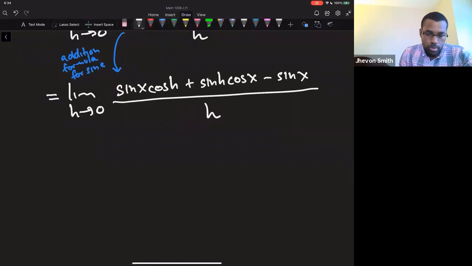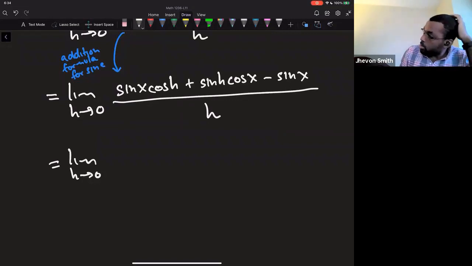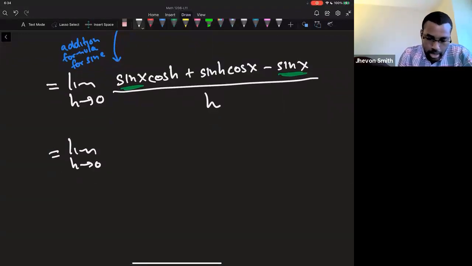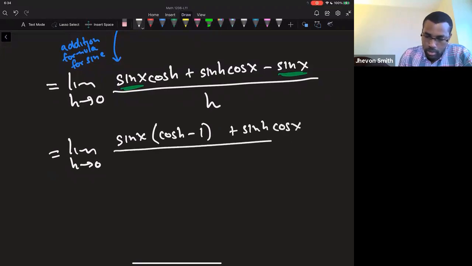Okay, at the moment that might not look like it's simpler, but the fact that we don't have a sum in the angle is all good news. But now you'd realize that we kind of have a common term here. So let's pull that out. So this is sine of x times cosine of h minus 1.